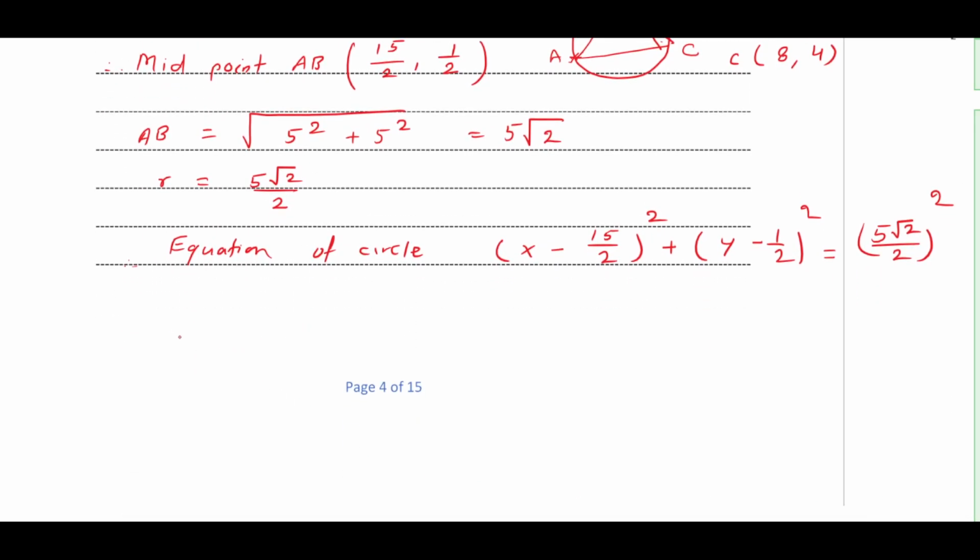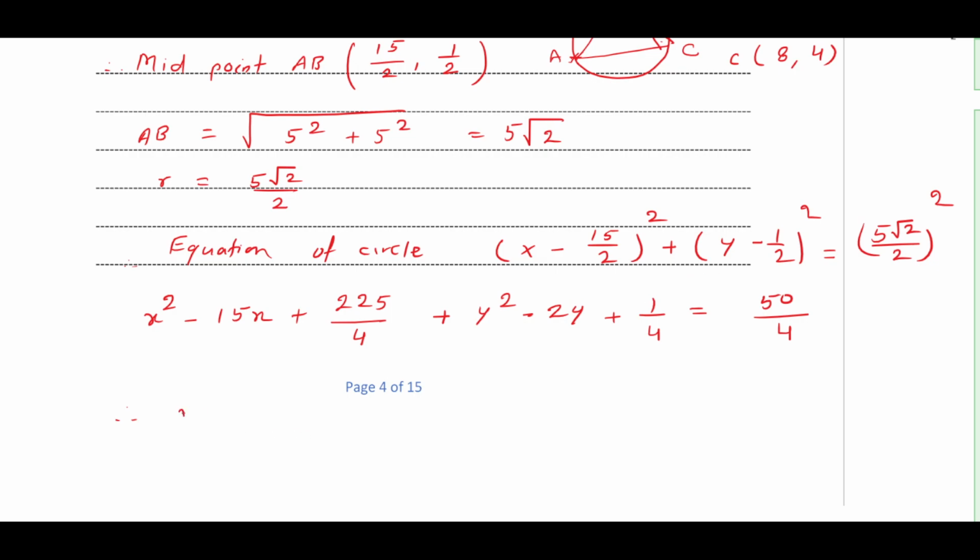So here it will be x square minus 15 times x plus 225 divided by 4 plus y square minus 2y plus 1 divided by 4 is equal to 50 divided by 4. Okay, so this will give me what I can do. I can multiply everything by 4, but before that let us first simplify this numeric part.